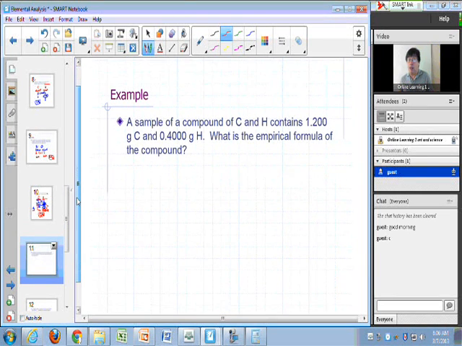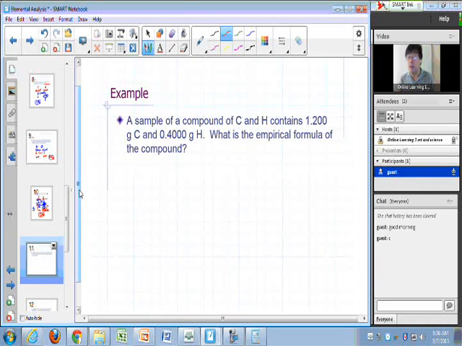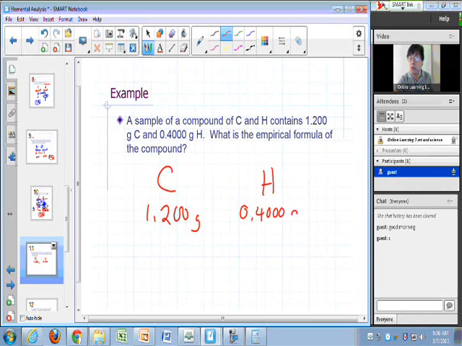All right. So here is a compound that has 1.200 grams carbon and was found to also have 0.4000 grams hydrogen. So what do we need to do to determine the empirical formula here? Now you might be tempted to just divide this by the smaller number, but you can't.